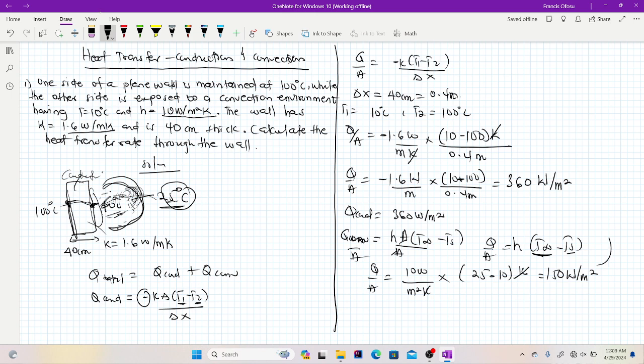Now you realize that they both have the same unit. Our total heat transfer will be equal to 360 plus 150, and that gives us 510 watts per meter squared. So this becomes our heat transfer rate through the wall.